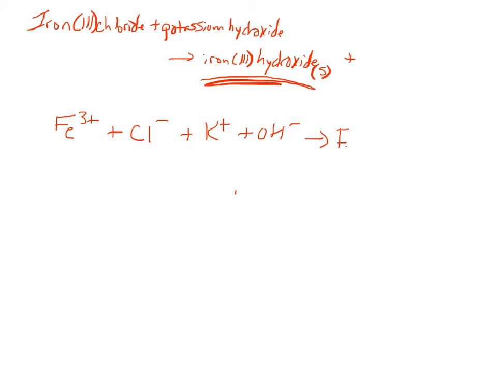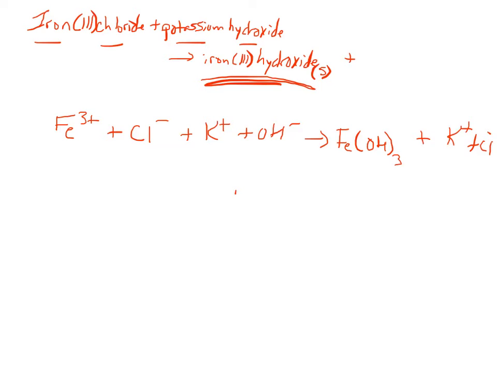So this is going to be together Fe(OH)3. And then, this is double replacement, so the iron's going with the hydroxide, and potassium's going with chlorine, so it'd be K+ and Cl-, because those would stay dissolved in water.